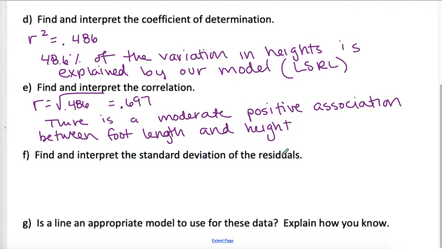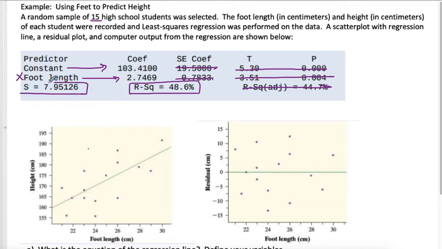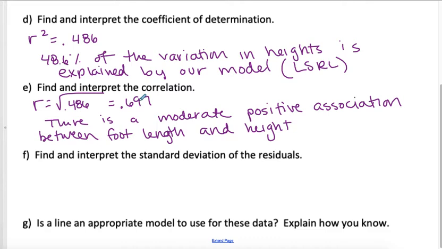Find and interpret the standard deviation of residuals. Okay, so that's our S value, 7.95 here. So S is equal to 7.95, and that's going to be the typical distance.